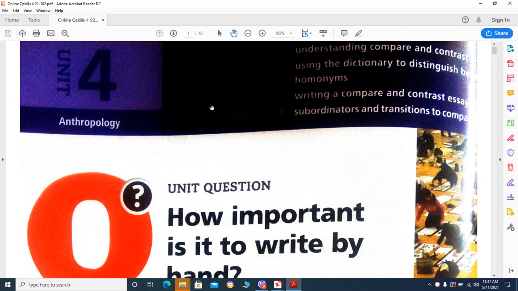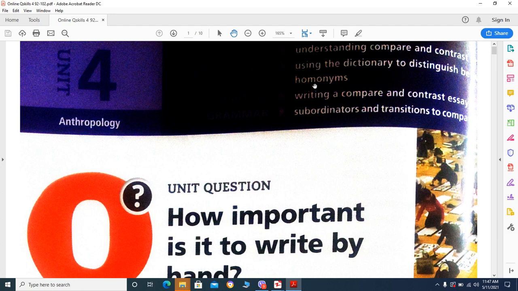Today we are going to start unit 4 of our textbook. This unit will be about anthropology, and these are our objectives. We will learn to understand compare and contrast, and how compare and contrast is done in the English language, especially in reading or writing.